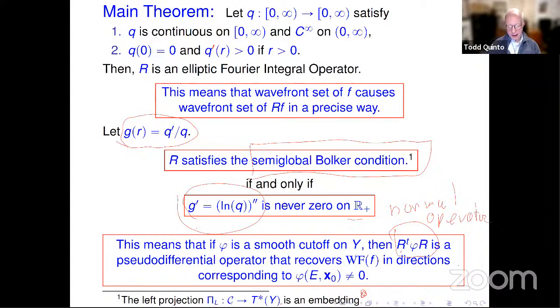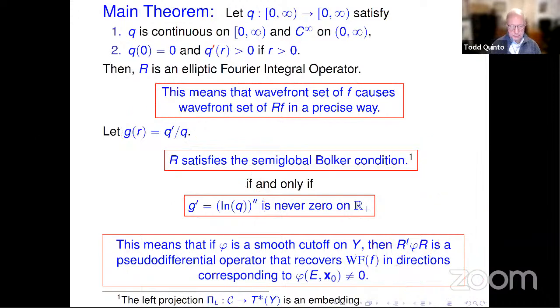Pseudodifferential operators have the good property that they don't add wavefront set. The wavefront set of R^T phi R f is contained in the wavefront set of f. By the little arrow, I'm just saving time because I see we're nearing the end. Good.